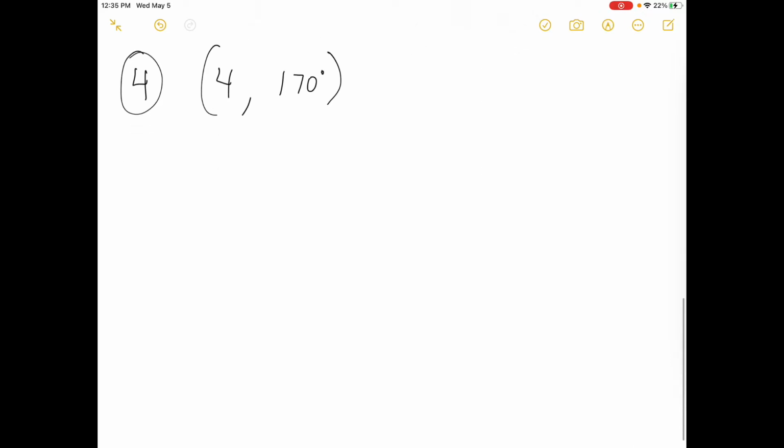That's not on the unit circle, so let's graph it. We'll start on the right side, and we'll go in the positive direction. 170 degrees would be over here, with a radius of 4.